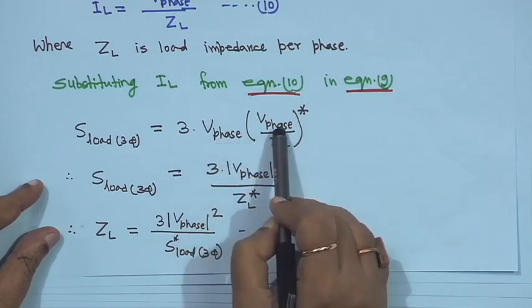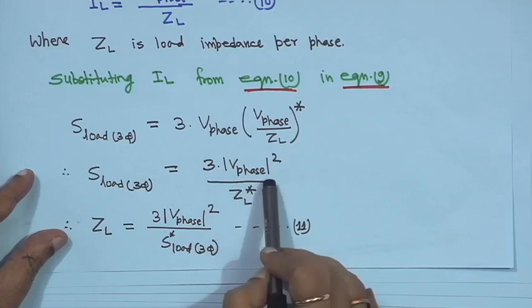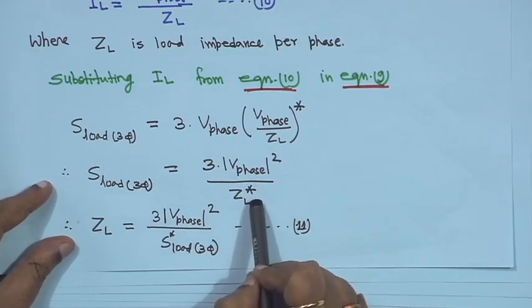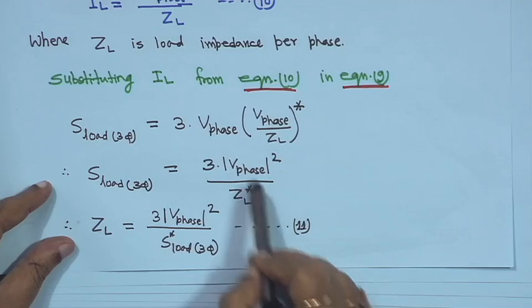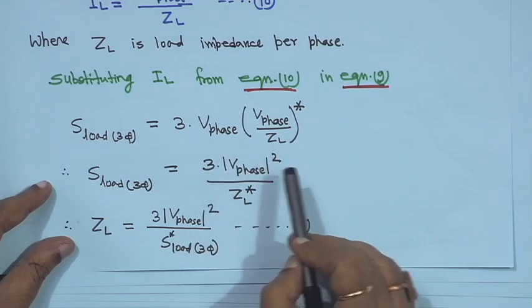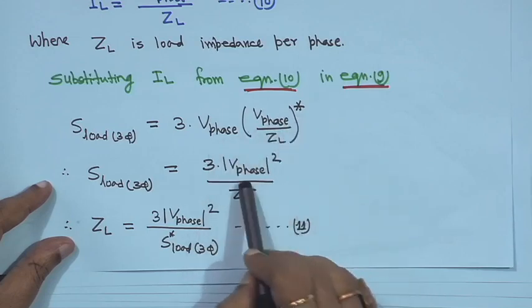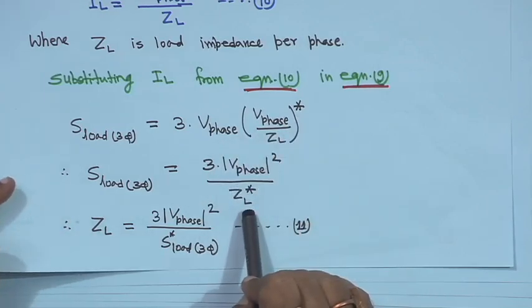So, V phase into V phase conjugate will be 3 into magnitude V phase square, divided by ZL conjugate. I hope you know this, V into V conjugate is V square. So, V phase into V conjugate, magnitude V phase square divided by ZL conjugate.